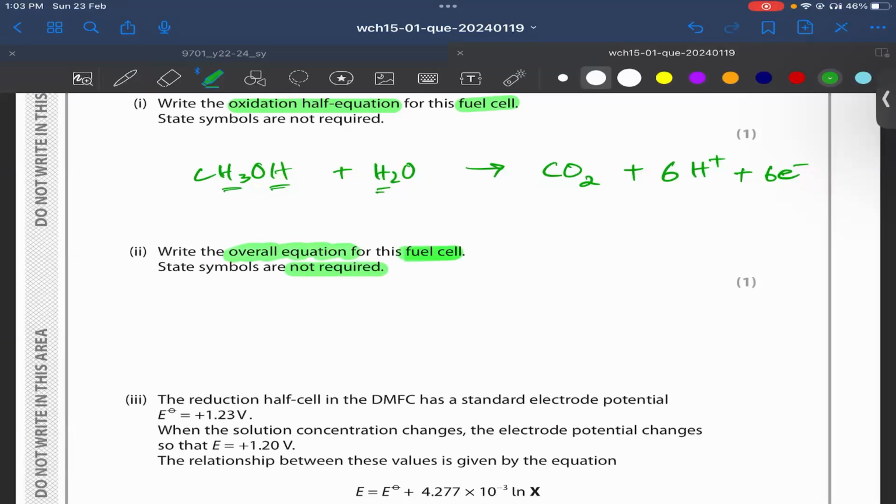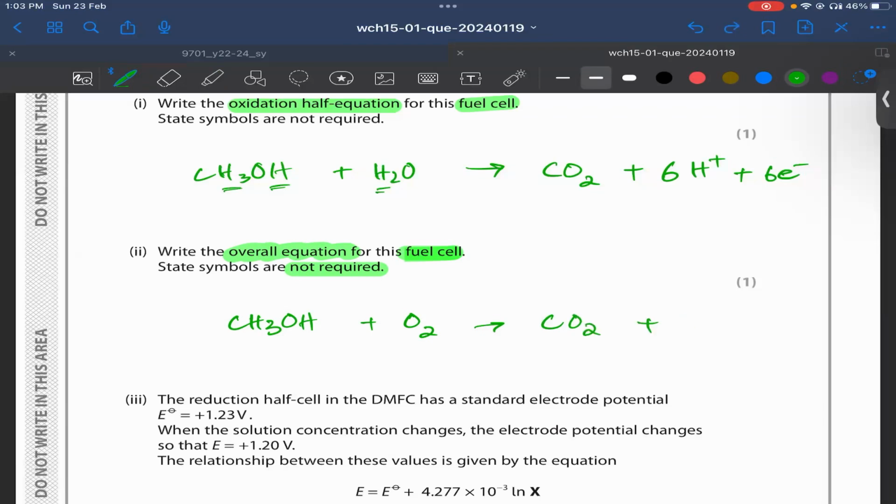So the overall equation would be the combustion of methanol. We can just add both equations, but we know it is the combustion of methanol, so we can simply write the equation for the combustion of methanol. It would be CH3OH reacting with oxygen. This gives carbon dioxide plus water.